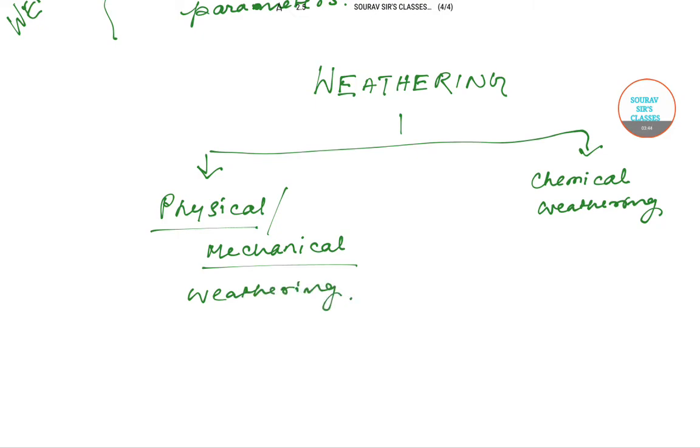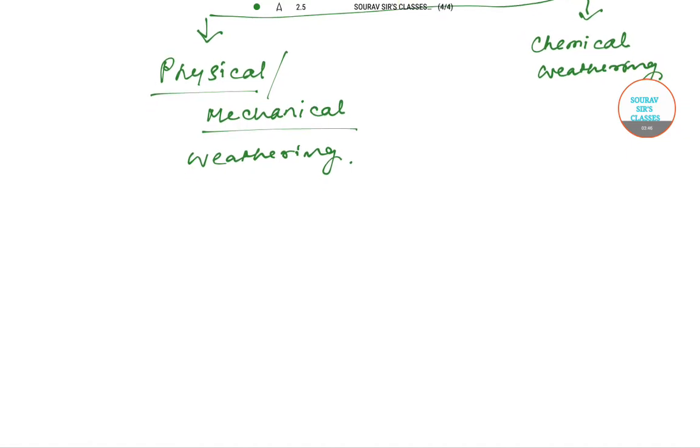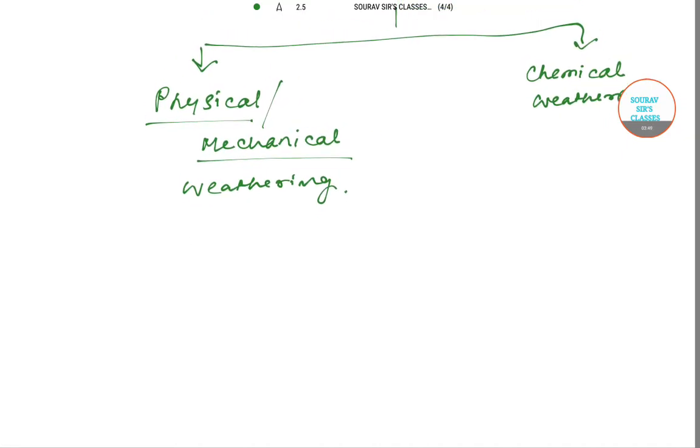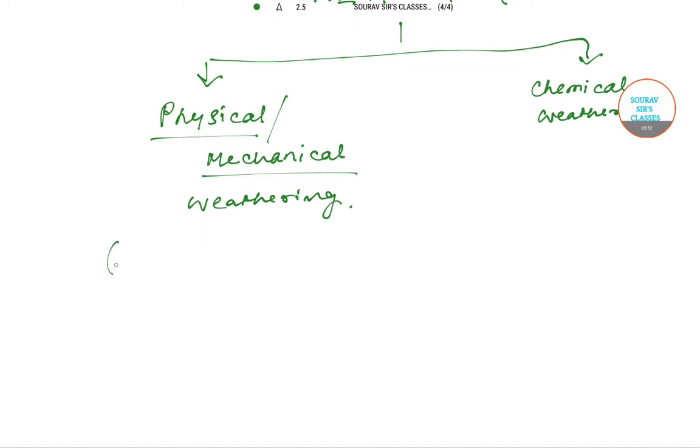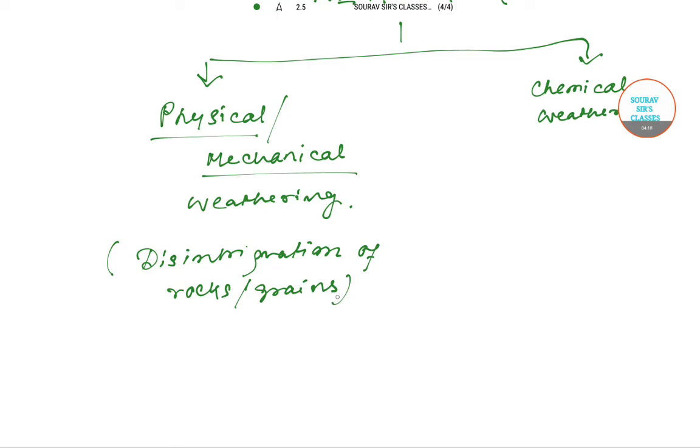Okay, now in short, if we just look at a glance, what is physical or mechanical weathering? I'm just telling you in a short way, in one line, that is disintegration of rocks or grains by a physical or mechanical process.